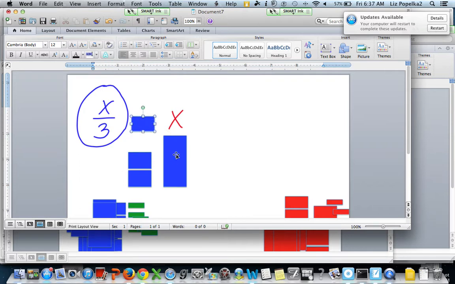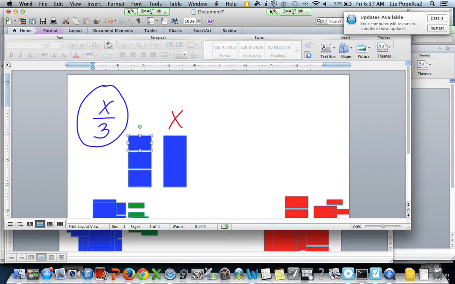This would be an x divided by 3 because it's an x cut into 3 separate pieces. So a model of x divided by 3 would look like this because it's 1/3 of a whole x. It's like you took that x and you chopped it into 3 pieces, and this is one of them. So this would be a model of x divided by 3.